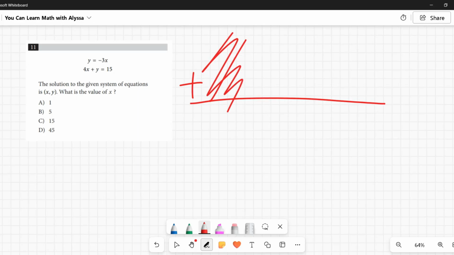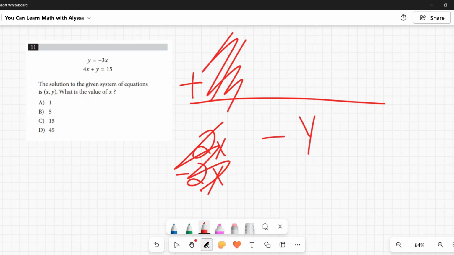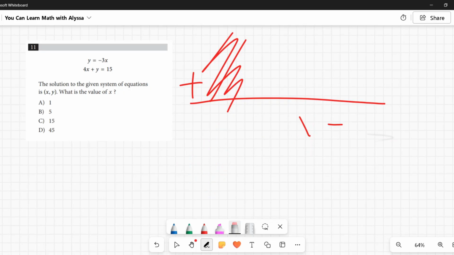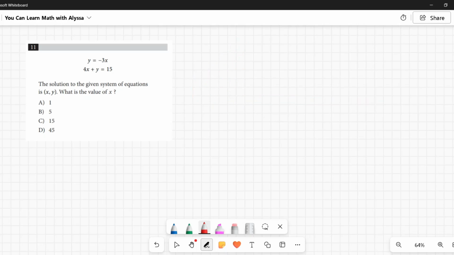So the x's are gone. For example, 2x and negative 2x would cancel out, and you're just left with a number of y's and a constant, so you can solve for y. The whole idea is always to isolate one of these variables and get it equal to a constant. The other method you can use is substitution.